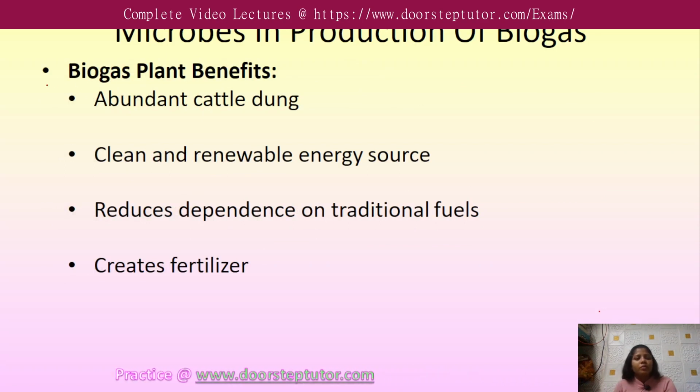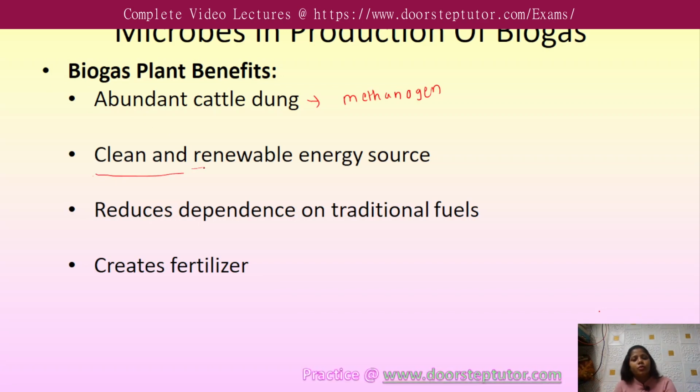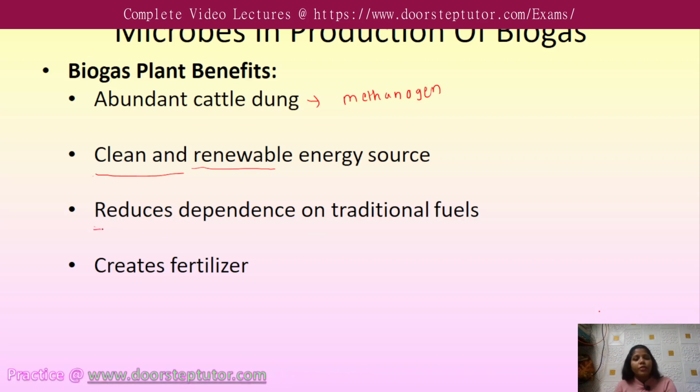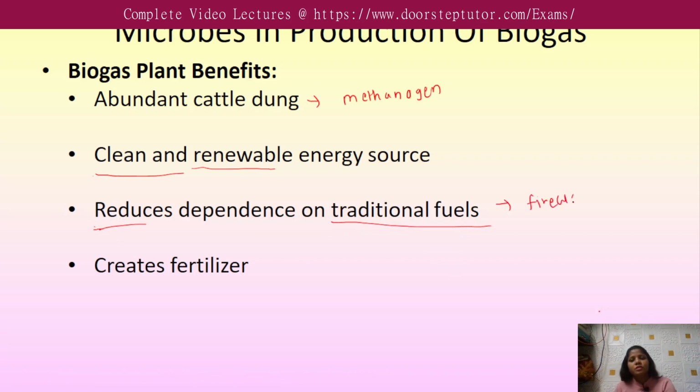Then what is the benefit of this biogas plant? There is abundant cattle dung which has methanogens. It is a clean and renewable energy source. It reduces the dependency on traditional fuels such as firewood, and it produces fertilizer as well, since the remaining or spent slurry acts as a fertilizer.